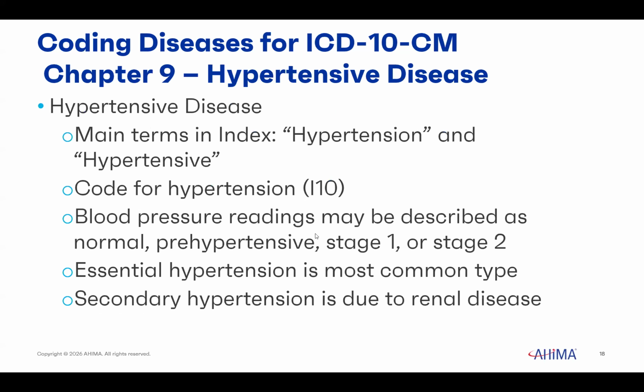Bottom line is, when we talk about hypertension, we're talking about high blood pressure. And to find these codes, we'd look in the index under the main terms of hypertension and hypertensive. The code for the most common type of hypertension, essential hypertension, is I-10. And blood pressure readings may be described as normal, prehypertensive, stage 1, stage 2, and so on. Secondary hypertension is normally due to renal disease.